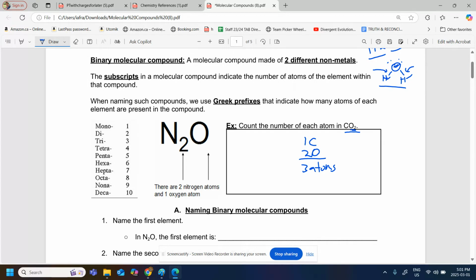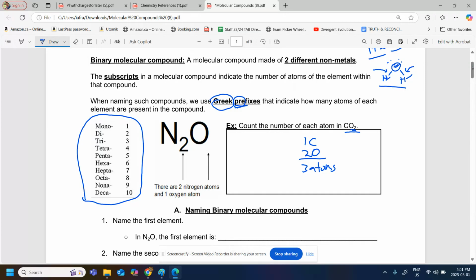The reason is that when you name covalent or molecular compounds, you have to use what's called Greek prefixes. The pre means before, so it's a small word you put before a word to change the meaning. These are the Greek prefixes here. There's more than just 10 of them, but I expect you to know at least the first 10: mono, di, tri, tetra, penta, hexa, hepta, octa, nona, deca.